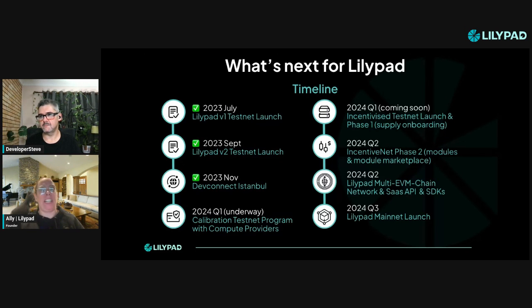So there should be so many more AI and ML and other deterministic jobs, actually. Lilypad is not only for AI and ML. You can run any kind of deterministic compute job on Lilypad, and you can make any kind of deterministic module to run on Lilypad, and hopefully in future even non-deterministic. So we'll be incentivizing building those as we go as well. So that's what's up next.